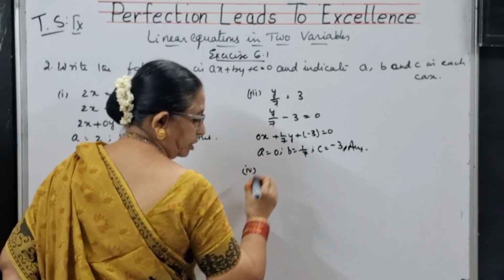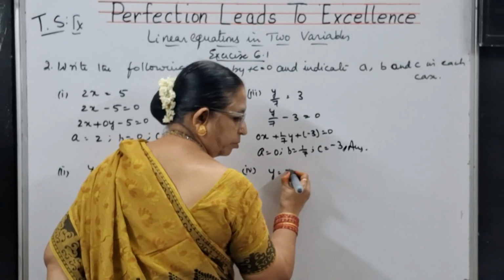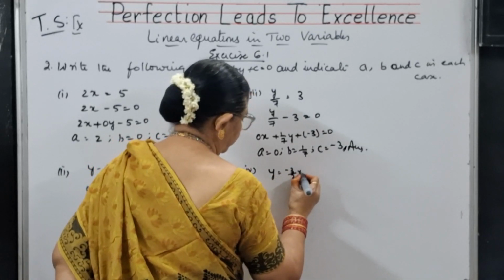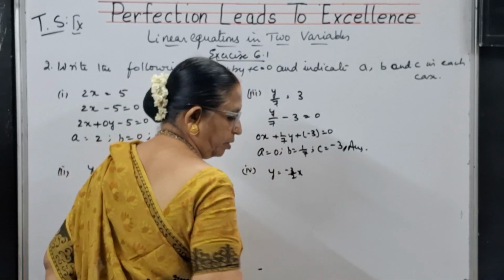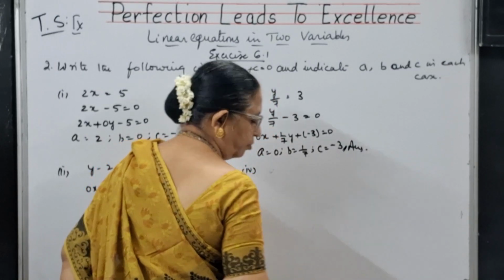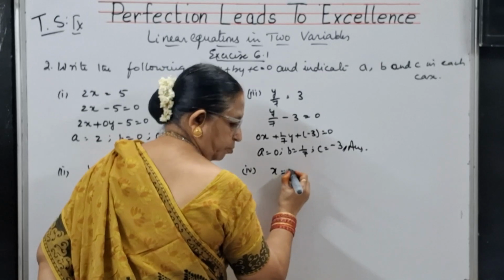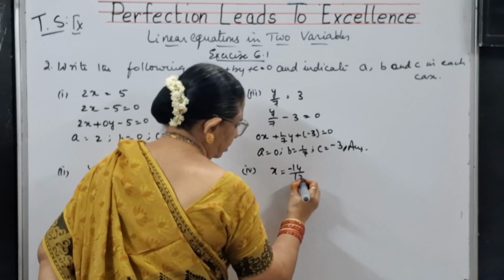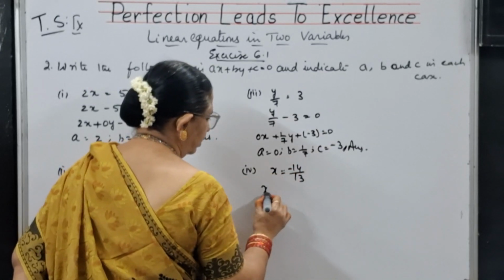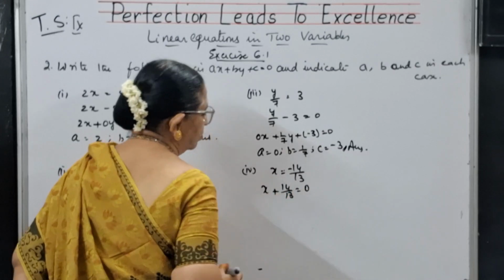Now, fourth bit. Sorry, the fourth bit is not this one, this is the first one. So here, fourth bit, x is equal to minus 14 by 13. Means what, children? x plus 14 by 13 is equal to 0.